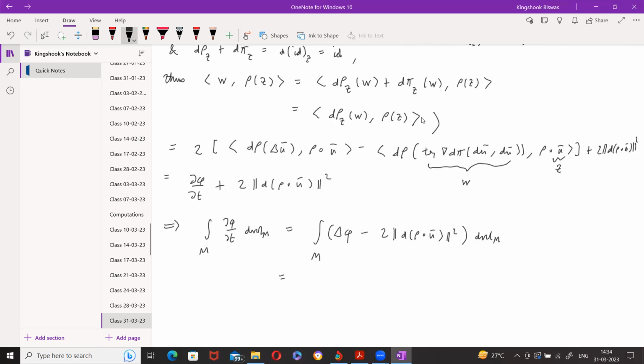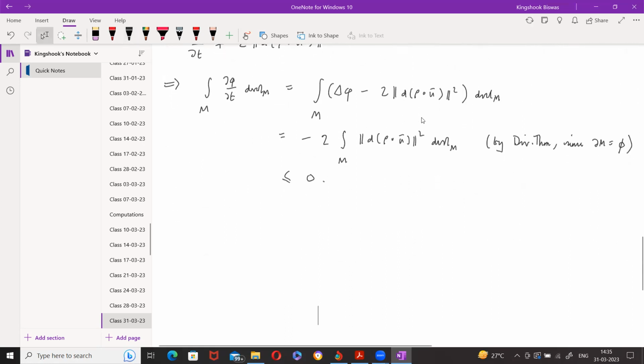So this first term vanishes. This becomes just minus 2 times the integral over M of the norm of dρ composed with ū squared d vol, which is less than or equal to 0, since the boundary of M is empty by the divergence theorem.